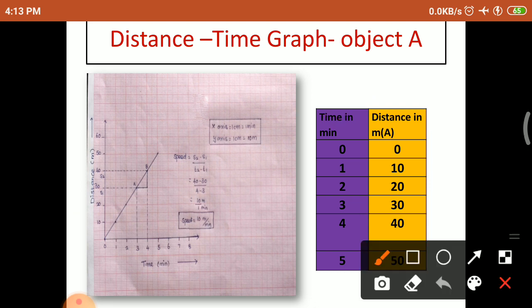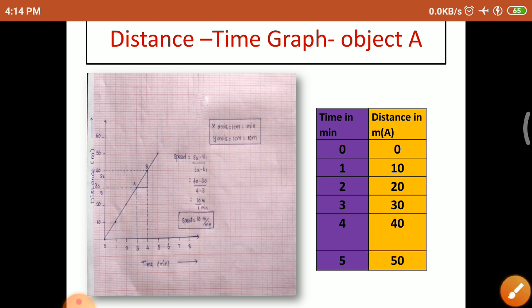The unit of time is minute, and the unit of distance is meter, so here I have written meter. Then see the values of time: 0, 1, 2, 3, 4, 5. So I take the values on the x-axis 0, 1, 2, 3, 4, 5, 6.